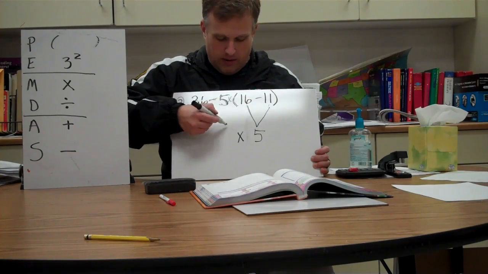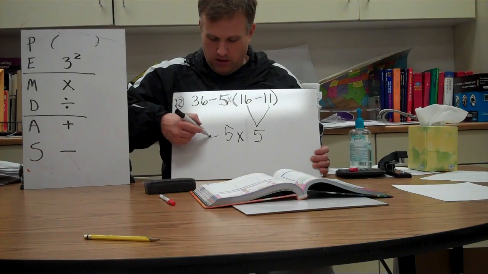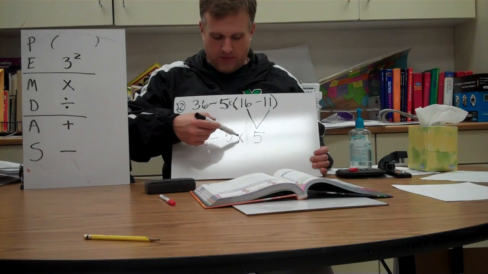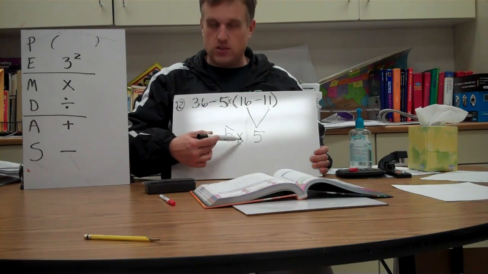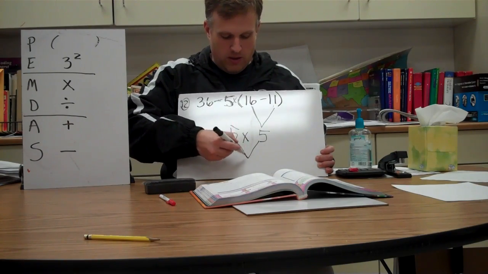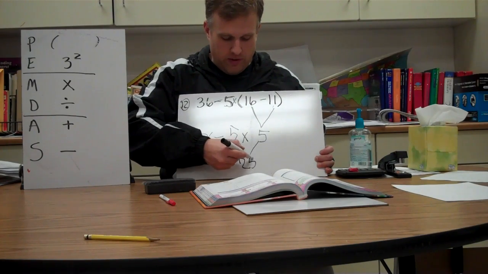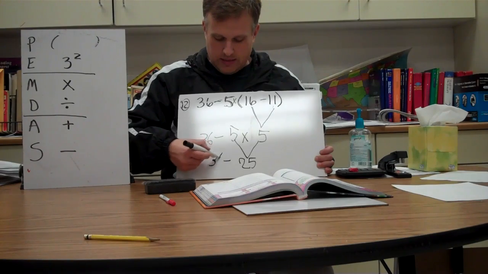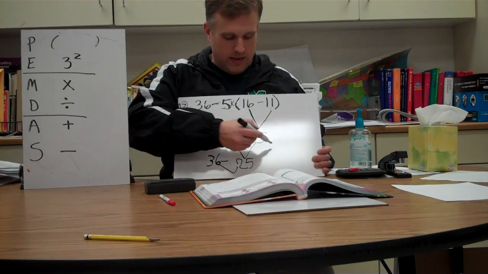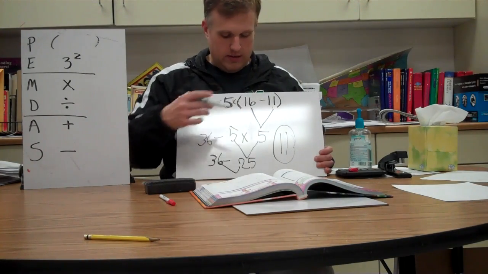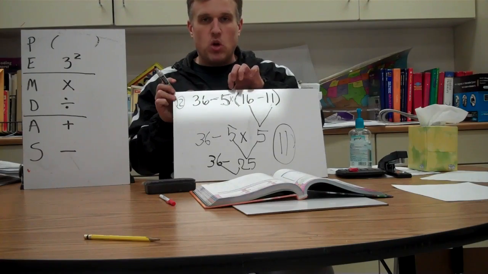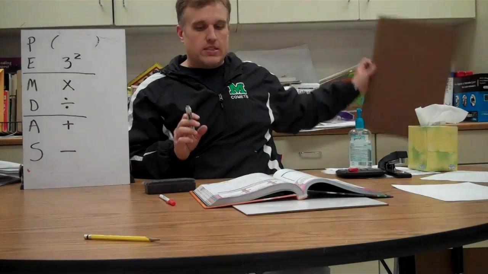So multiply, rewrite the problem. So now I have 36 minus 5 times 5. I have subtraction and multiplication. I will do multiplication first. 5 times 5 is 25. 36 minus 25. And my last step, 36 minus 25 is 11. Okay, so when you have a number right by the parentheses, it's the same thing as multiplying. Alright, so that's number 12.